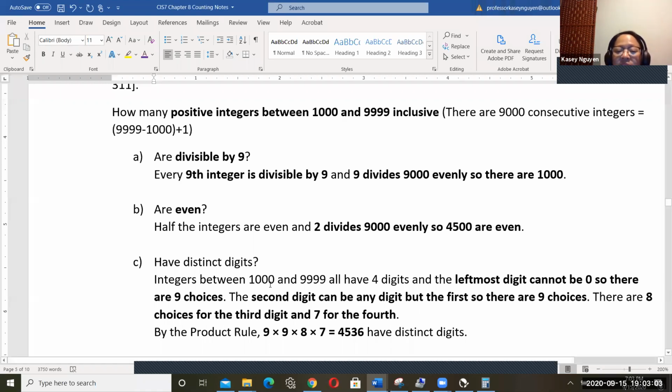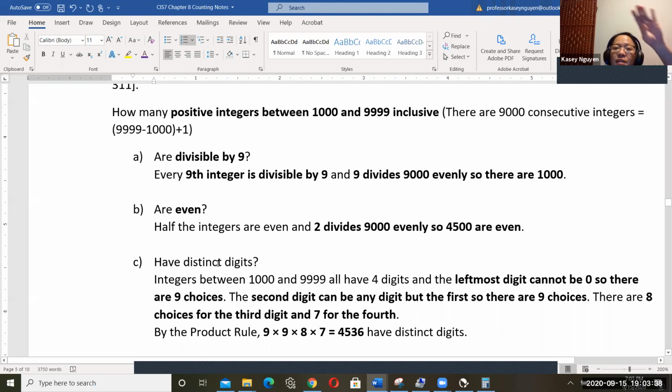Then the second digit can be any digit but the first, so there are 9 choices, okay? And then 8 choices for the third and 7 for the fourth, because they have to be distinct. I cannot have 1, 1, 1, 1, right? I have to have 1, 2, 3, 4. I can have 1, 2, 3, 4, 5, but I cannot have all the same because they have to be distinct.